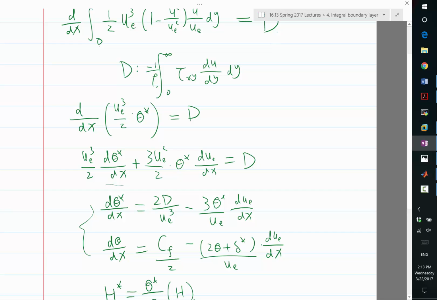So tau xy is mu du by dy, so tau xy is equal to nu times du dy. So the dissipation can be modeled, with the 1 over rho, as the integral of nu times du dy squared dy. Okay, so let's see.